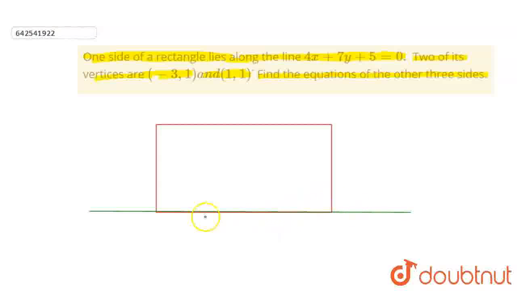Okay, this is according to the question, and the equation of this line is 4x plus 7y plus 5 is equal to 0. So you can say the slope of this line will be minus 4 by 7, right?